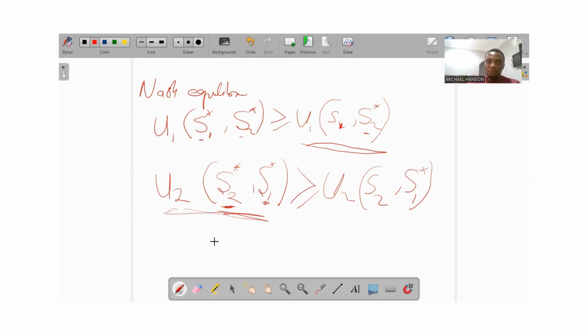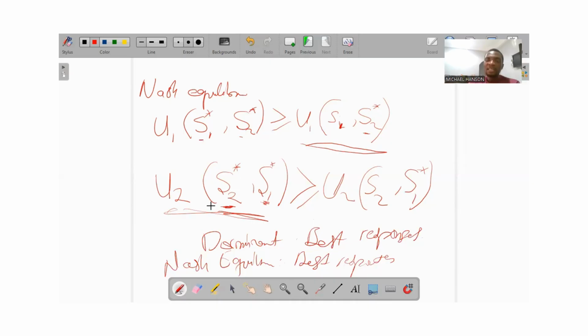In essence, we are saying that the dominant strategy is made up of best responses. And the Nash equilibrium is also best responses for the two players. So what happens is that if player one, let's talk about player two, for instance. If player two decides to play any other strategy, which is not a dominant strategy, he ends up on a lower payout.